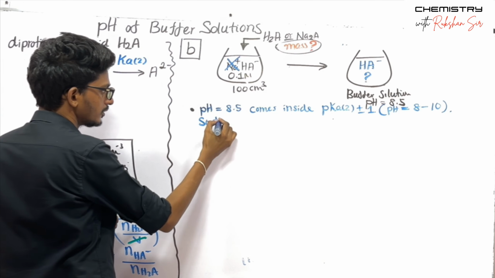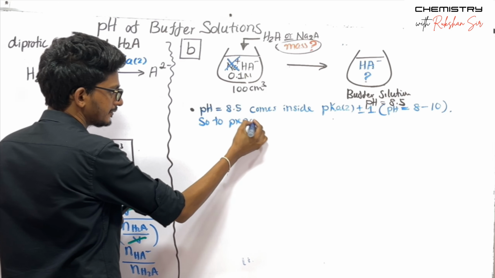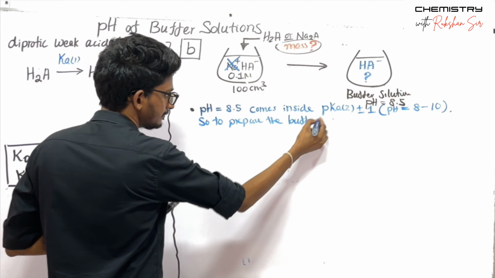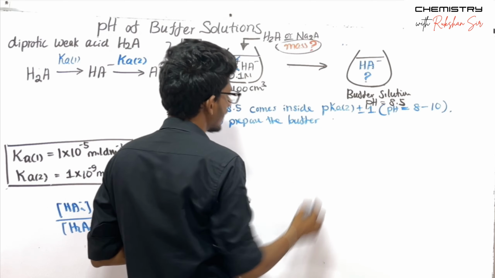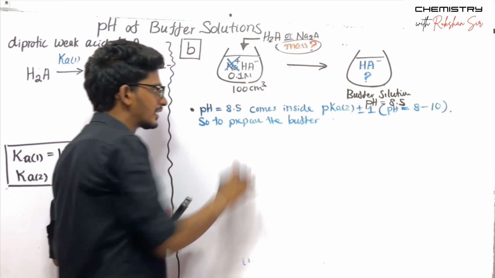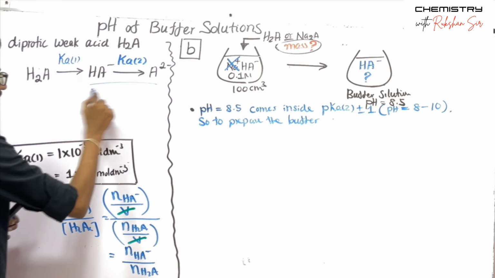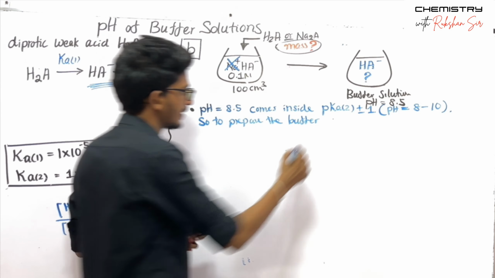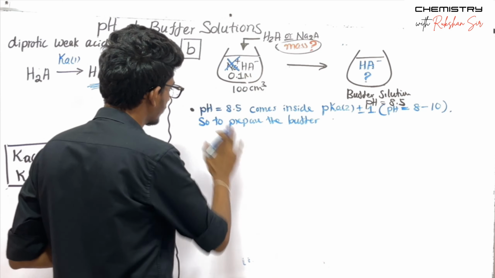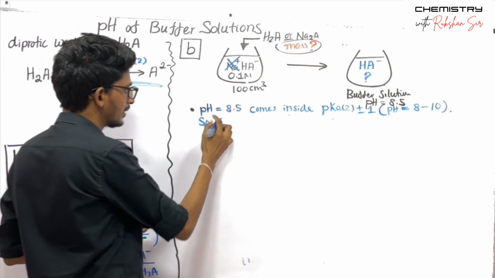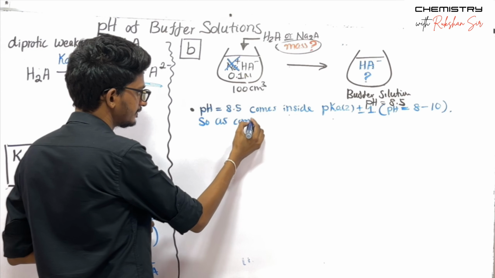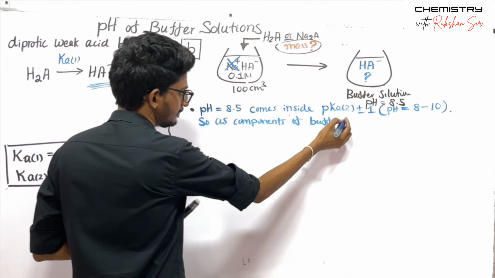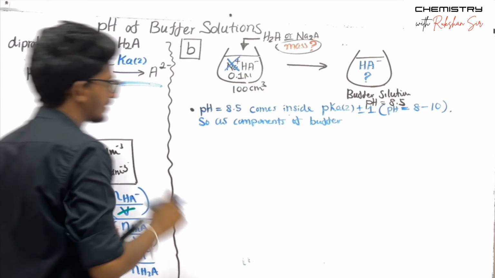So to prepare the buffer, right, that Ka2 equilibrium comes up with these two guys, to prepare the buffer, or one can say as components of the buffer. So as components of the buffer, HA minus and A2 minus should appear.